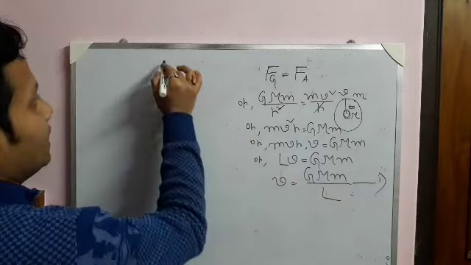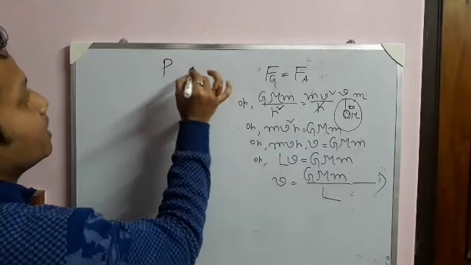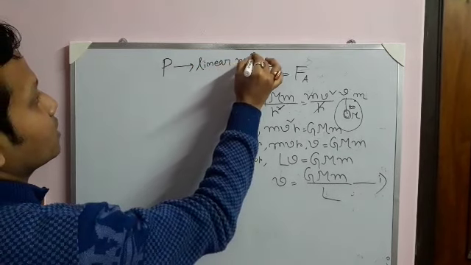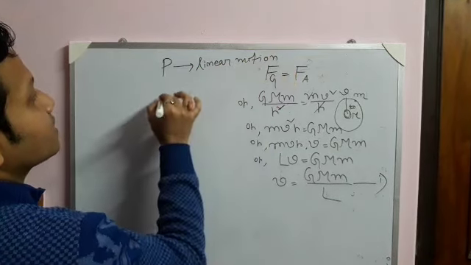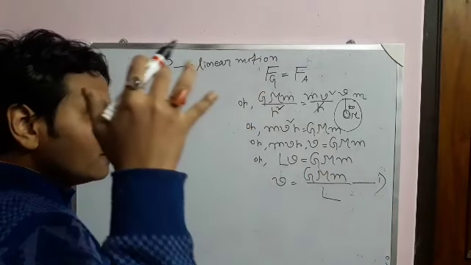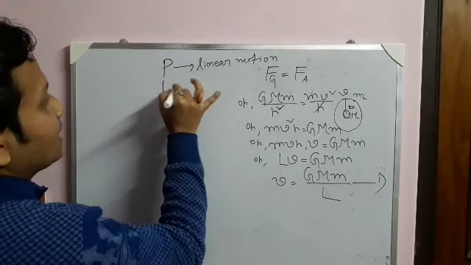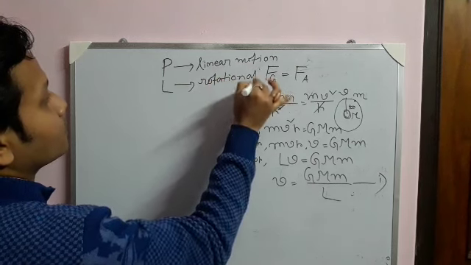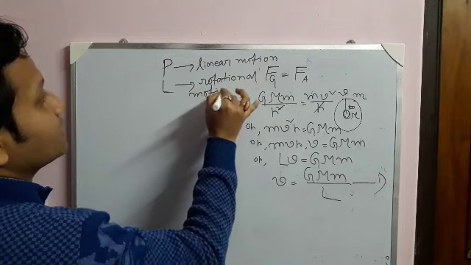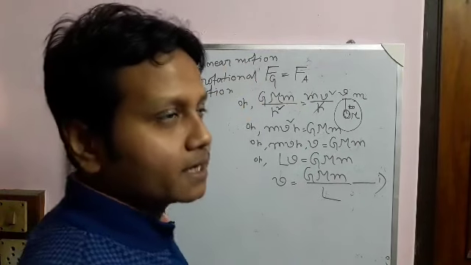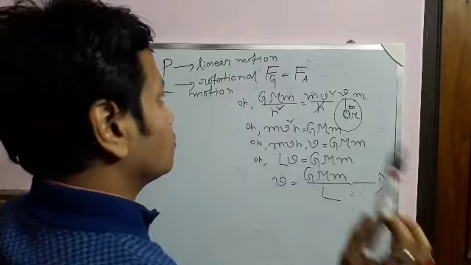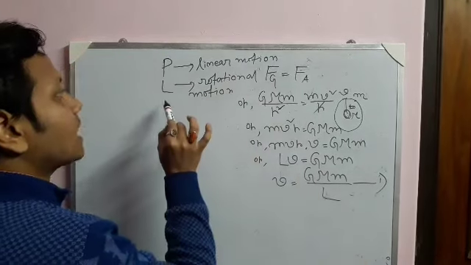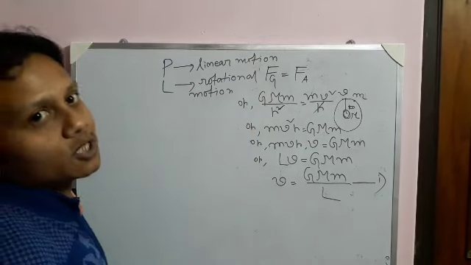So if air friction affects linear momentum in linear motion, then air friction will also reduce the corresponding angular momentum in rotational motion. We all know that air friction reduces the linear momentum in linear motion, so it will also reduce the angular momentum in the corresponding rotational motion.